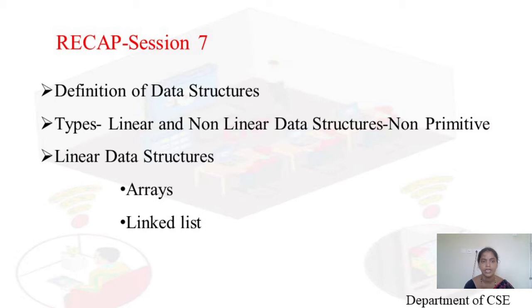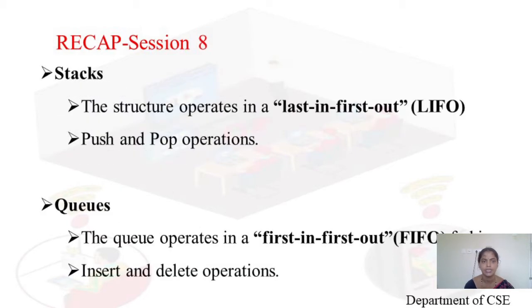In linear data structures we discussed arrays and linked lists. In session 8 we discussed stacks and queues. A stack operates in LIFO fashion, with push and pop operations, and a queue operates in first in first out fashion, with insertion and deletion operations.